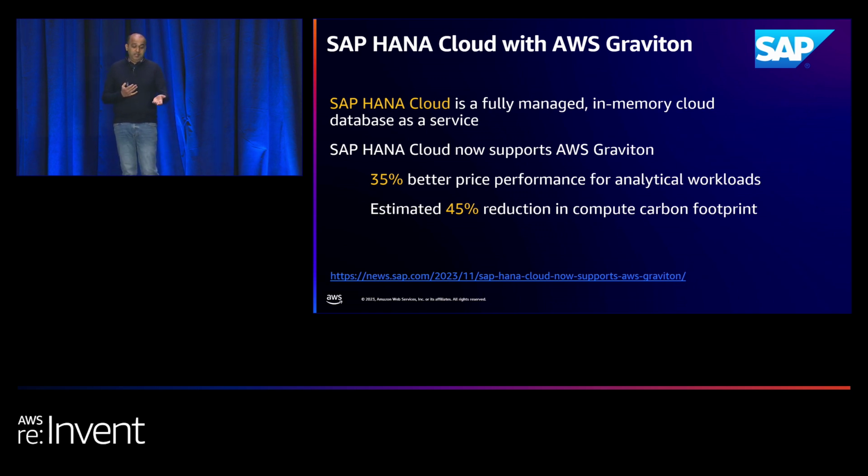SAP realized up to 35% better price performance for analytical workloads after they transitioned to Graviton. And energy efficiency and sustainability has been a big focus for SAP as well. They've estimated a 45% reduction in compute carbon footprint after transitioning to Graviton instances.